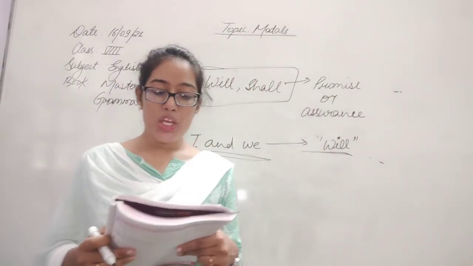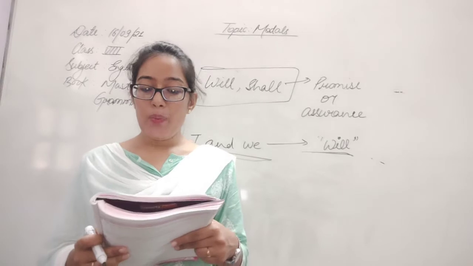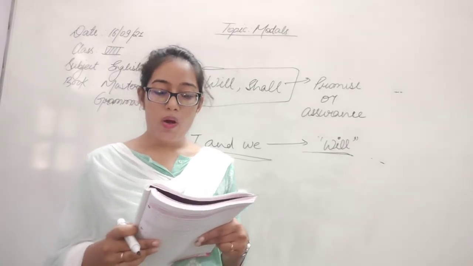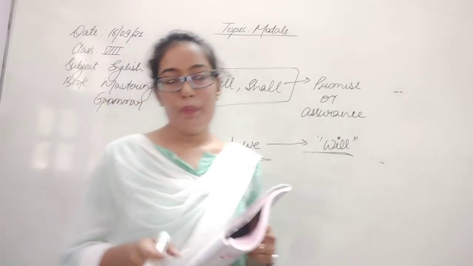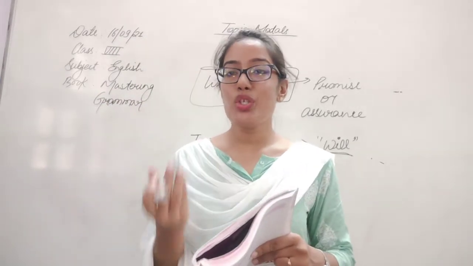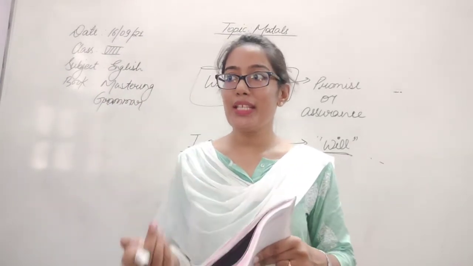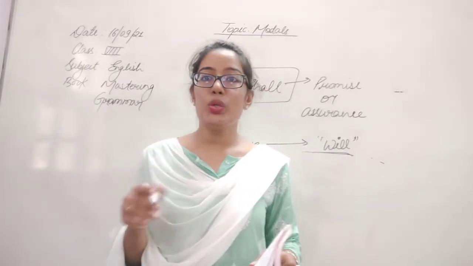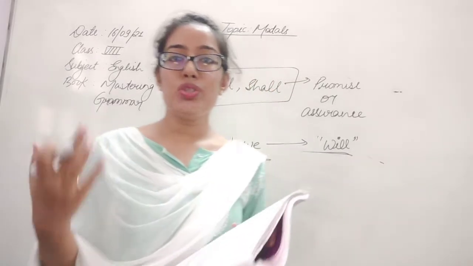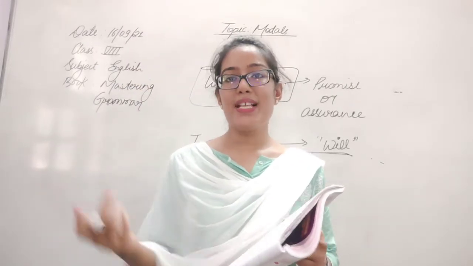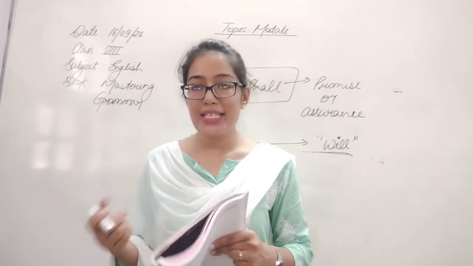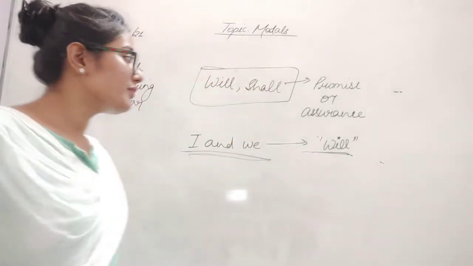You shall be provided with all the modern facilities in this apartment. So a sort of assurance is given here that you shall be provided with all sorts of facilities, all modern facilities in this apartment.